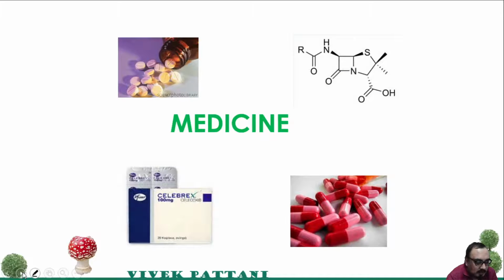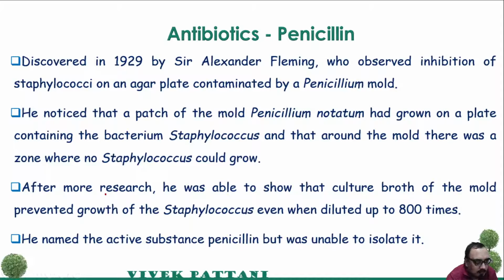Now in the case of medicines, most of the antibiotics are produced by actinomycetes or fungi. The first antibiotic, penicillin, was identified in the Penicillium mold, and the first one who discovered it was Sir Alexander Fleming in 1929.